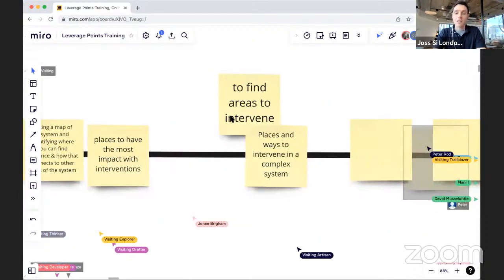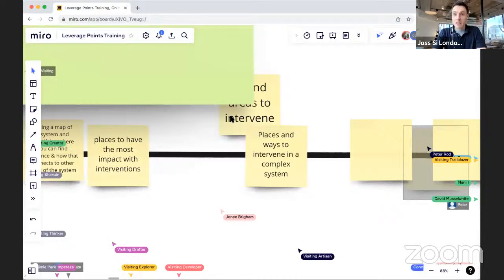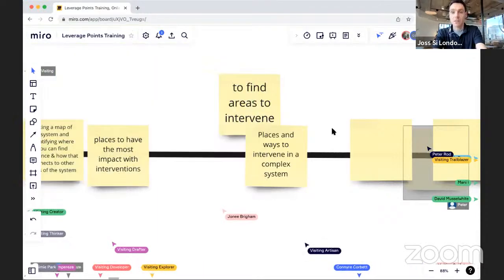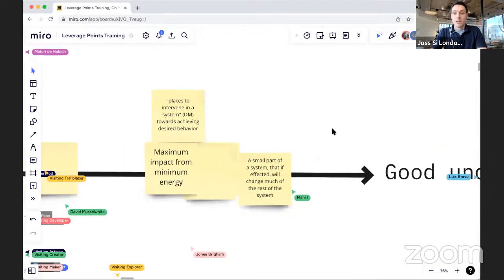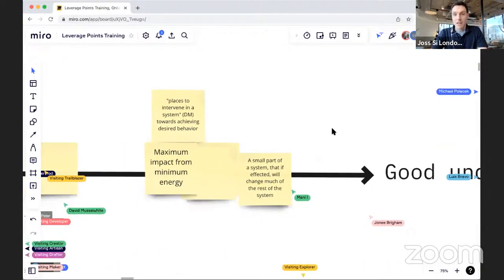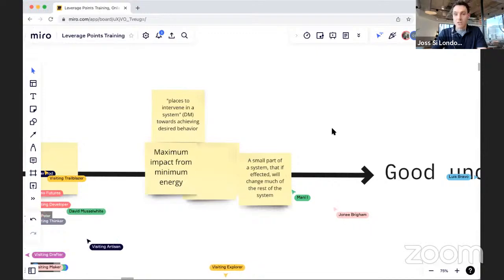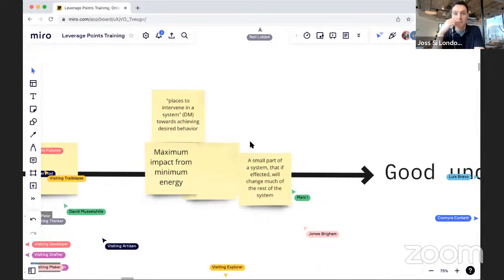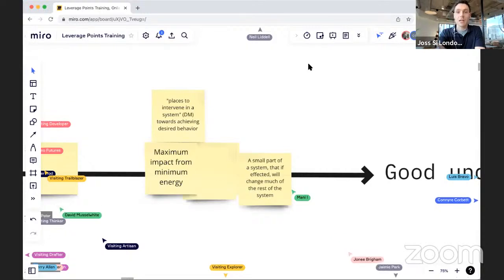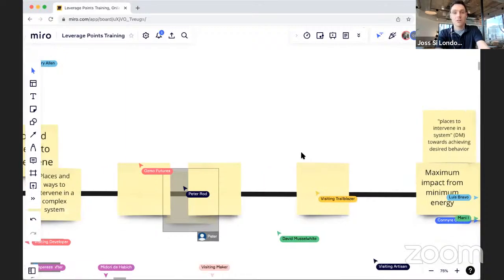To find areas to intervene, places and ways to intervene in a complex system. And over here, small parts of a system that, if affected, will change much of the rest of the system. Maximum impact from minimum energy. Places to intervene in the system, Donella Meadows, towards achieving desired behavior. Very good.